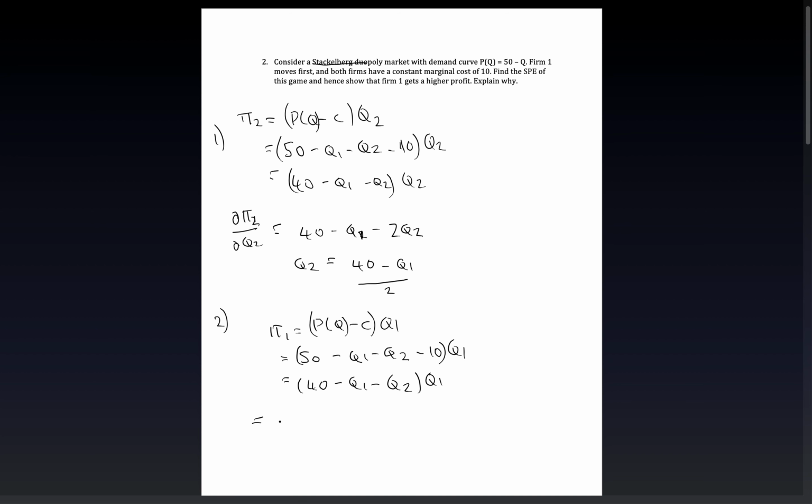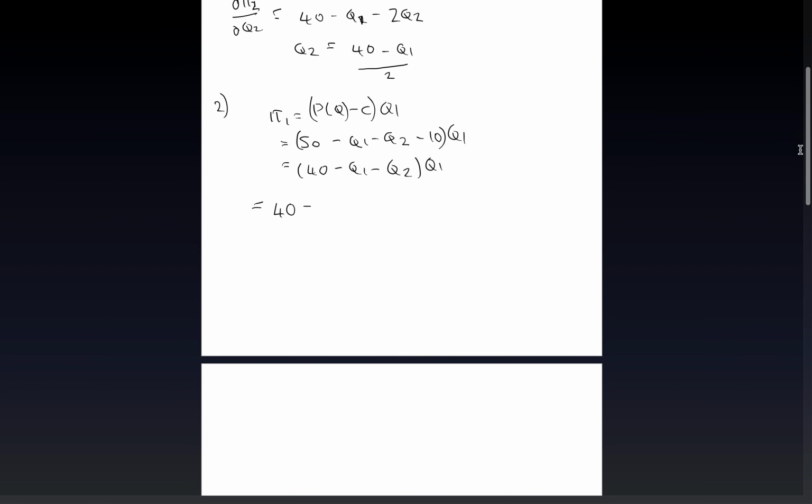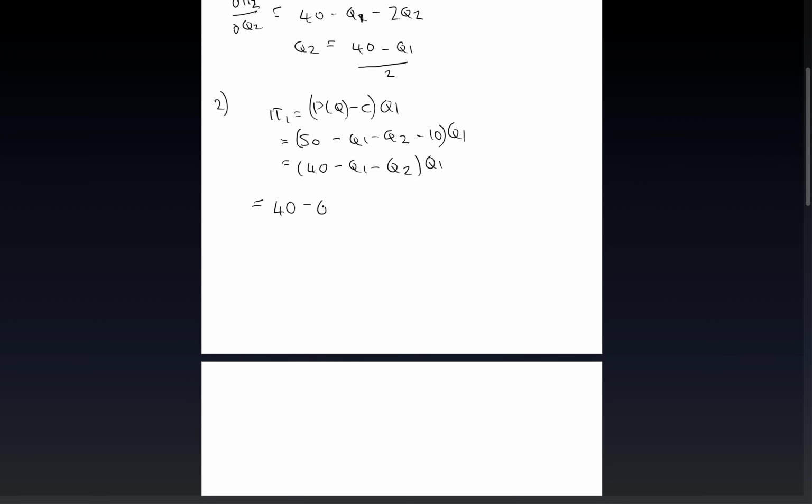So we can do (40 minus Q1 minus (40 minus Q1)/2) times Q1. And now we can simplify this. It should all be profit.